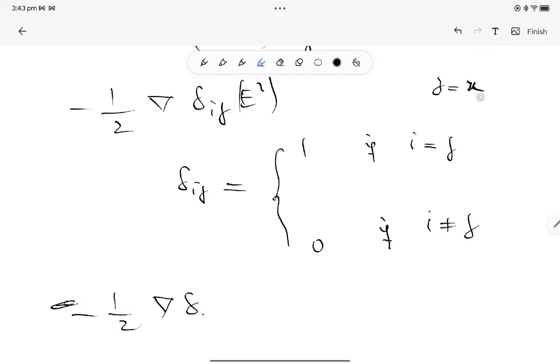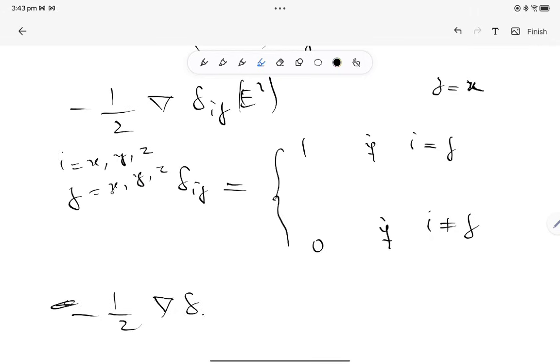We are in search of the x component of this gradient of the tensor. If j is x, keep that in mind. Now give different values to this. You know values of i are x, y, z, and values of j are x, y, z.